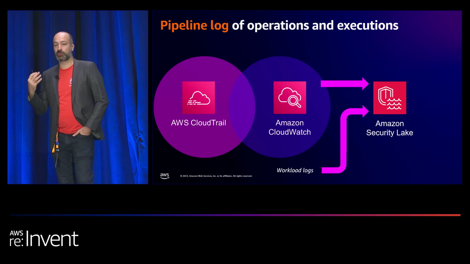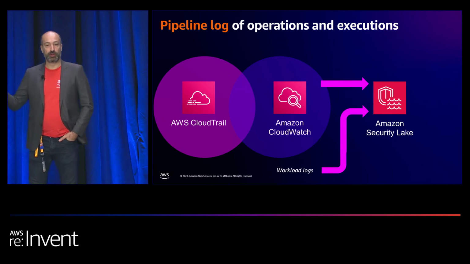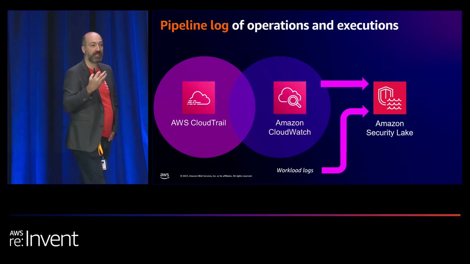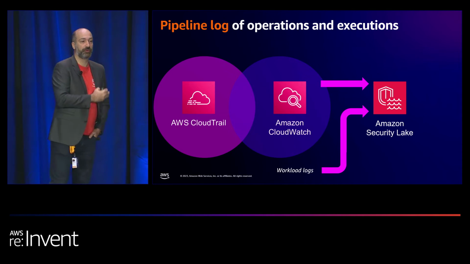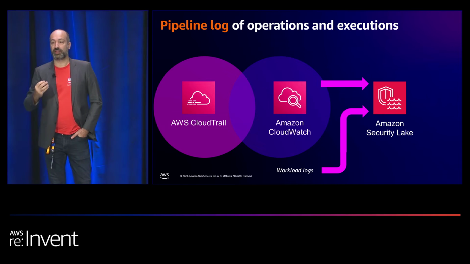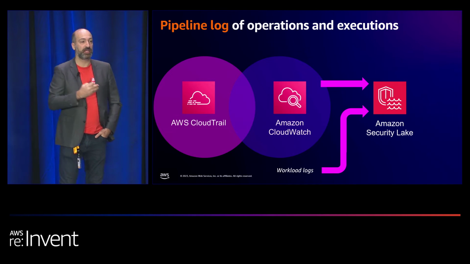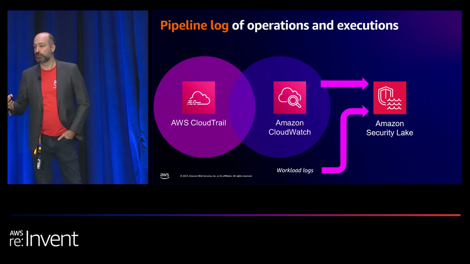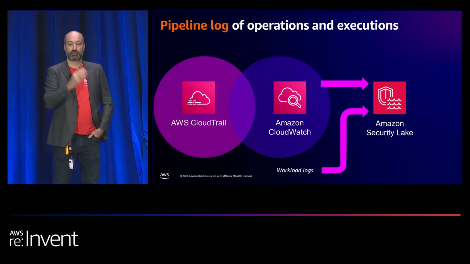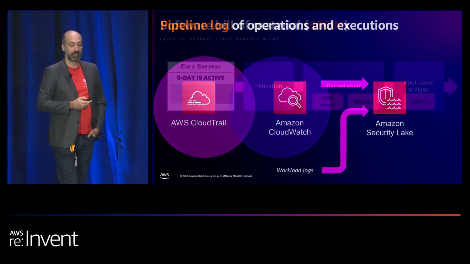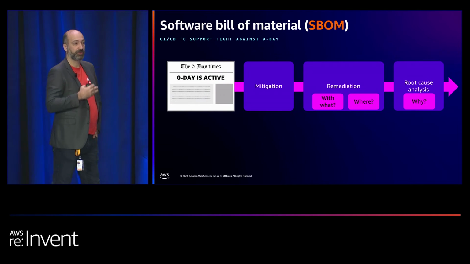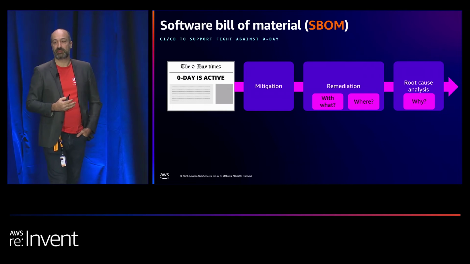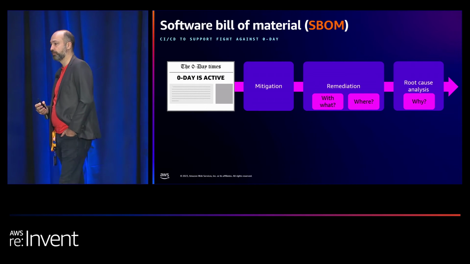So we want those elements to flow to the security repository of events, because if we have to do some forensics, if we have to understand what happened inside the pipeline, you need to have all the elements and the events that will allow you to backtrack and do those forensics. One other example of a process that you can deploy as part of a pipeline is software bill of materials.